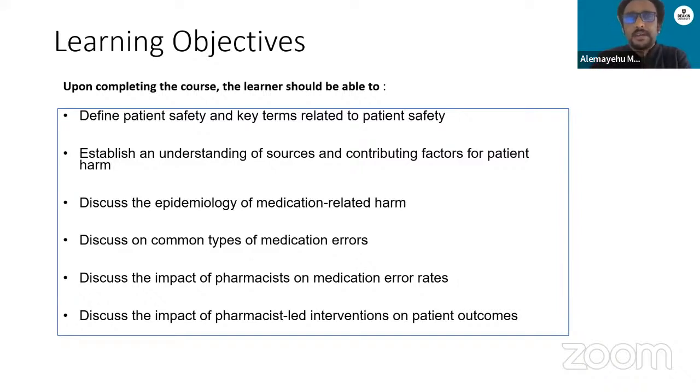Medication errors are kind of process outcomes, but we'll also discuss some hard outcomes like the impact on hospital readmission, the impact on mortality, the impact on some clinical markers like a decrease or an increase in blood pressure, something like that. So we'll also look at that.